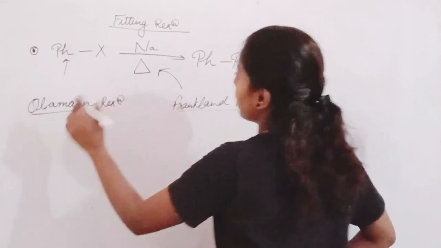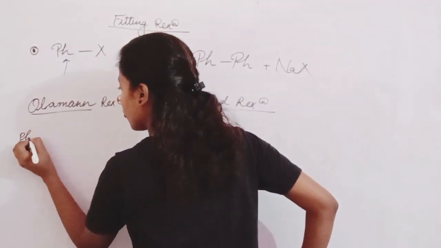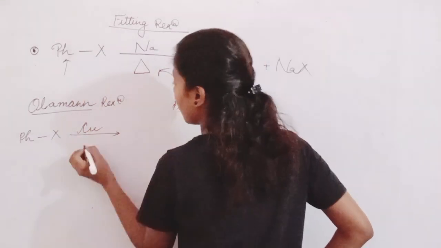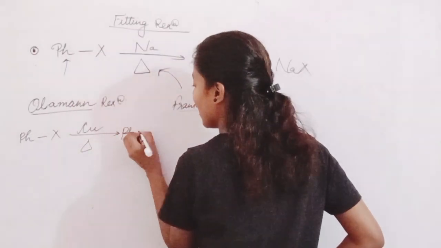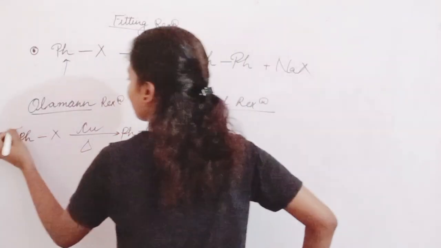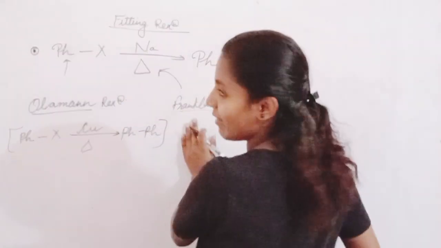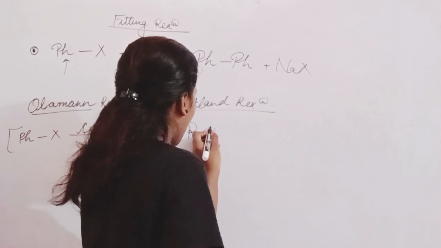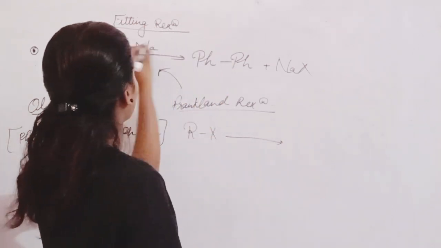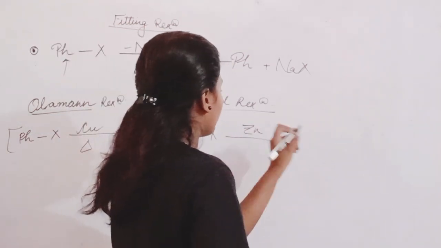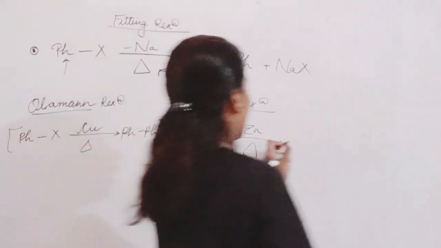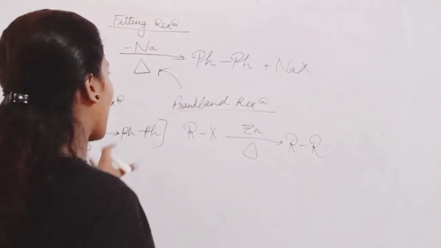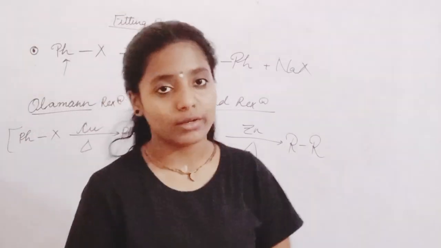What Ullmann does is take Ph along with X, put it with Cu and heat, and get Ph bonded to Ph. Similarly, in the Franklin reaction, R with X, instead of adding sodium metal, I'm going to put zinc along with heat, and I'm going to get R bonded to R. So these are a few reactions directly attached to the Wurtz reaction.